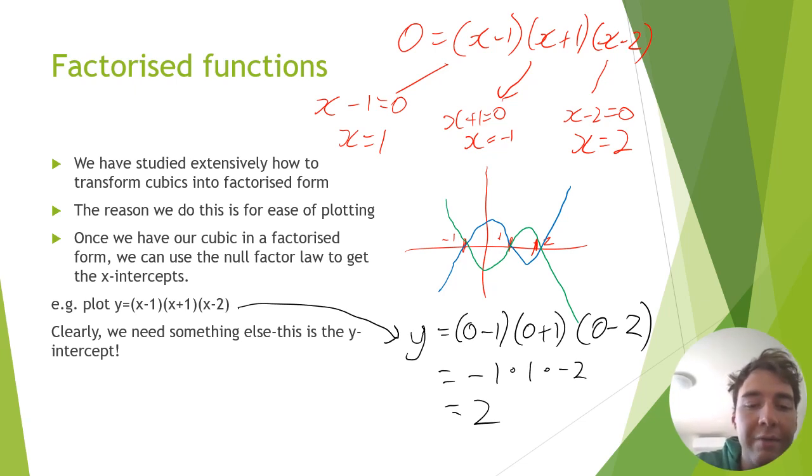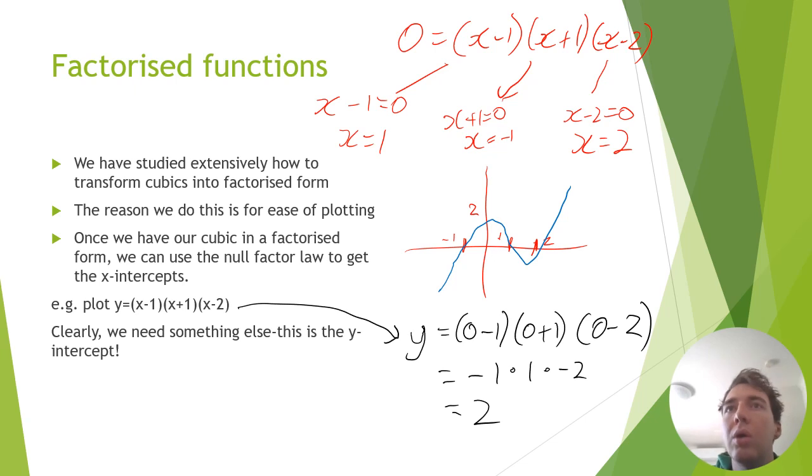So that means that we're going to have the blue one. I'll just erase this green because that's not good for us. And now we've made a nice little graph of our cubic. Hooray! And I'll just label this because it's important to label your x and y intercepts.